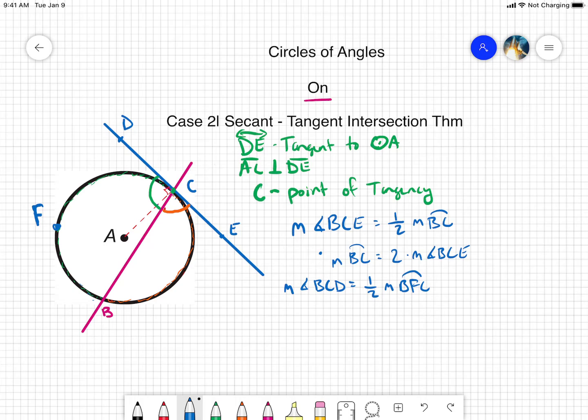And likewise, the measure of arc BFC is going to be double the measure of angle BCD. Now again, just understand that these are essentially saying the same thing. It's just depending on context, one might be easier to use when trying to solve for one of these types of angles.